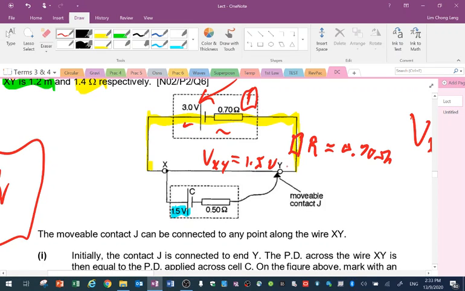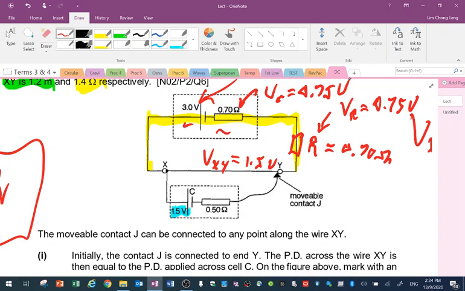Okay, so if you have this case, the PD across XY will be 1.5, the PD across this resistor, VR, will be half of it, 0.75, and then the PD across the internal resistance here, V small r, will also be 0.75 volt.